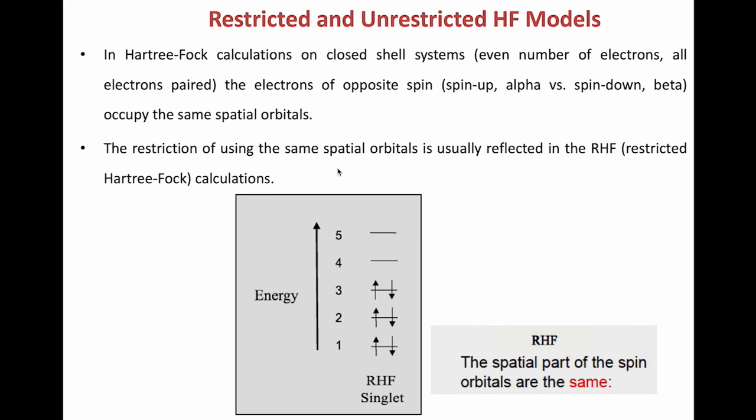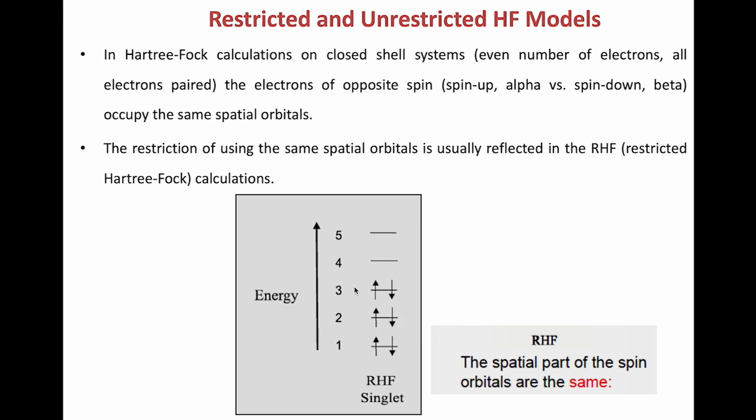The restriction of using the same spatial orbitals is usually reflected in a restricted Hartree-Fock calculation. So, a restricted Hartree-Fock calculation or model means the electrons are all arranged in a single spatial arrangement, and alpha and beta spins are arranged in the same spatial orbital and they are all paired.